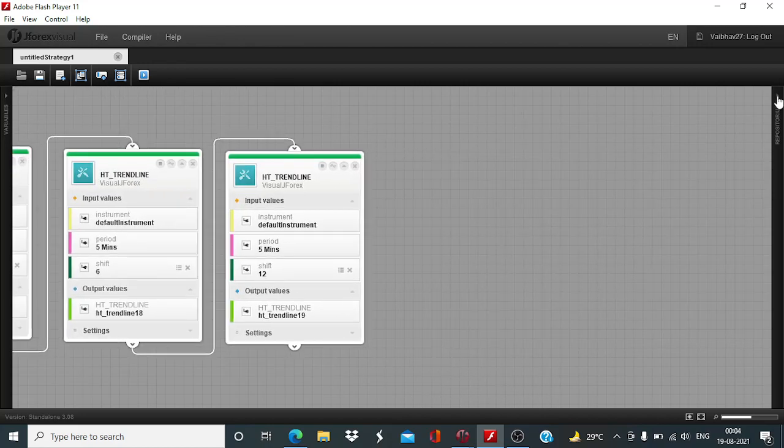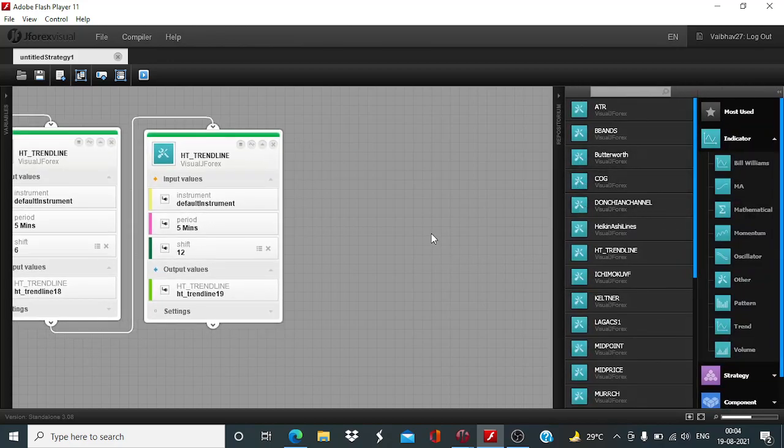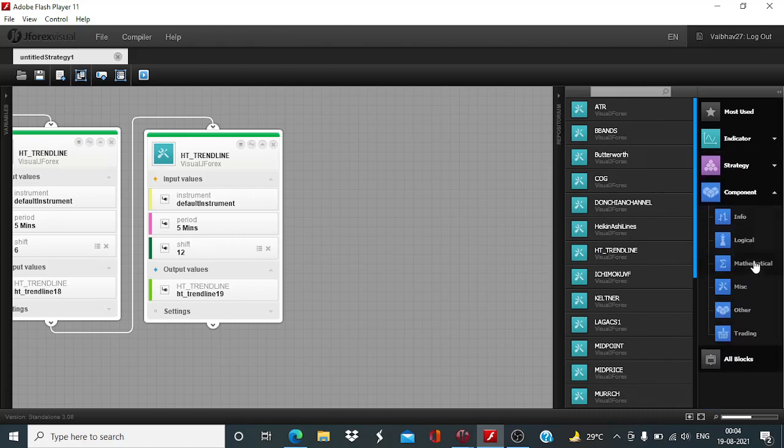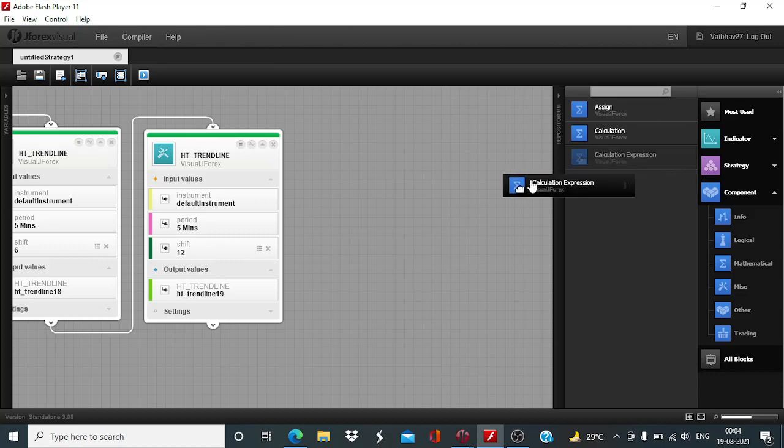Now we need to define the price band. For that we are going to need calculation expression 10 pips.